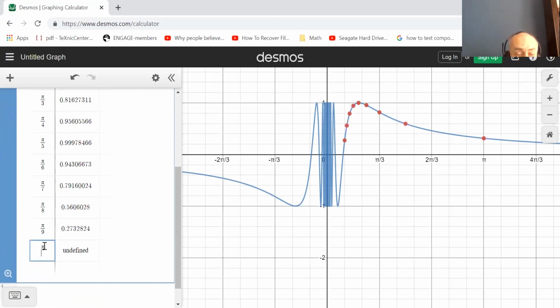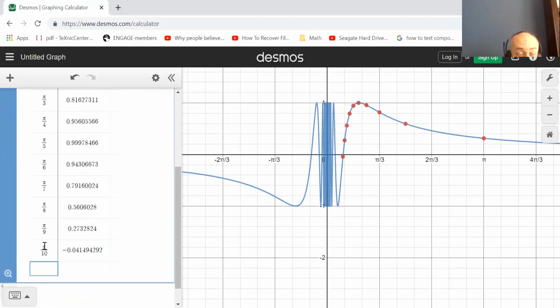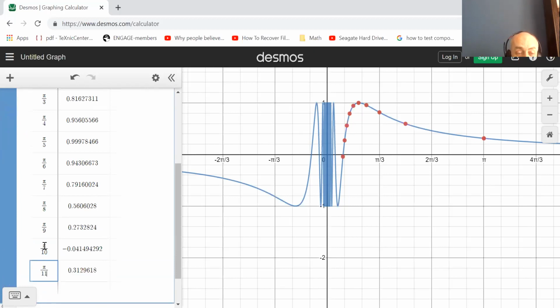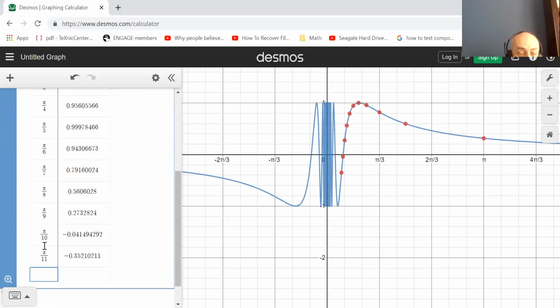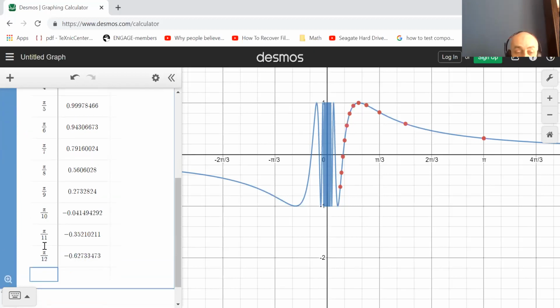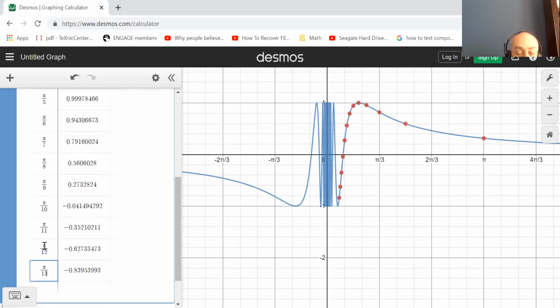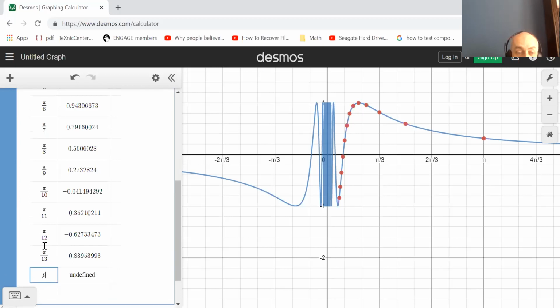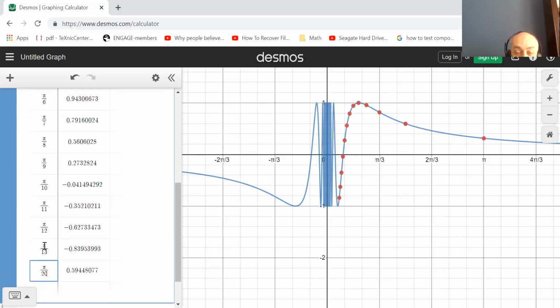But if I do more values, pi over 10, I get even negative numbers in pi over 11. Look at that, even more negative numbers in pi over 12 and pi over 13. And look at that, even more so in pi over, let's say pi over 20.